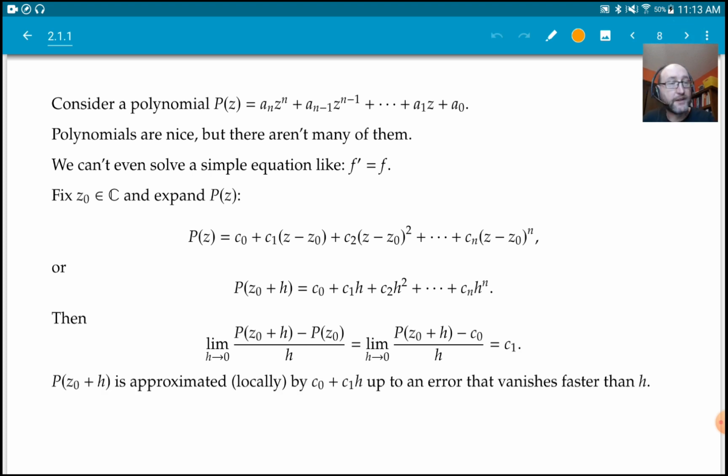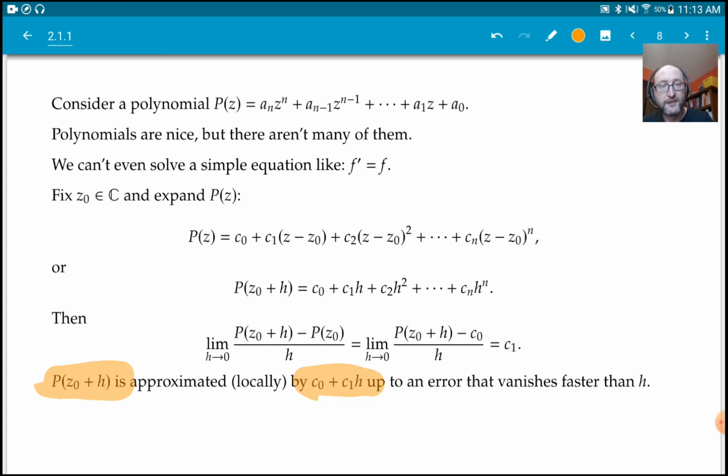All right. Well, that means that this polynomial, thinking of it as a function of h, is locally near z0 approximated by this affine linear expression. c0 and c1 are just complex numbers, right?